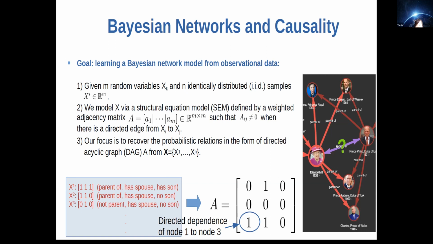This weighted adjacency matrix should be associated with a directed acyclic graph. That means there should be no cycle: if we draw a graph from this weighted adjacency matrix A, there should be no cycle in it.